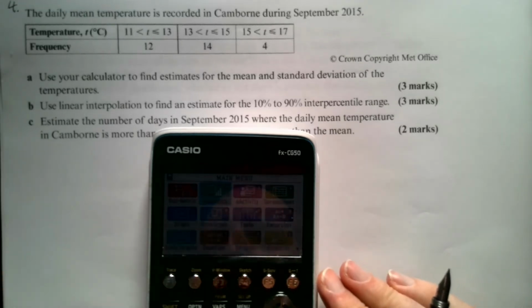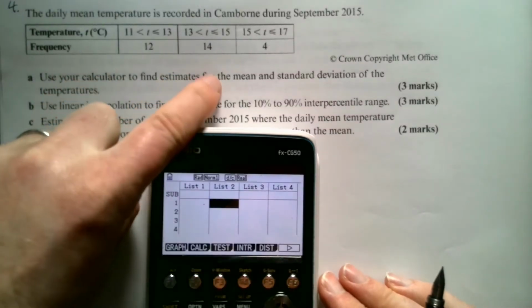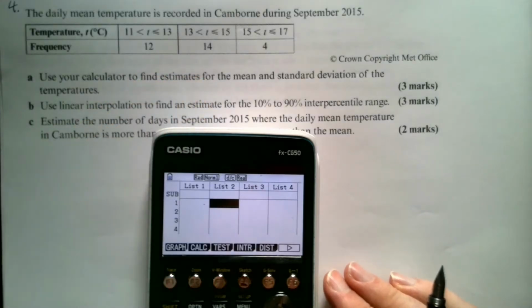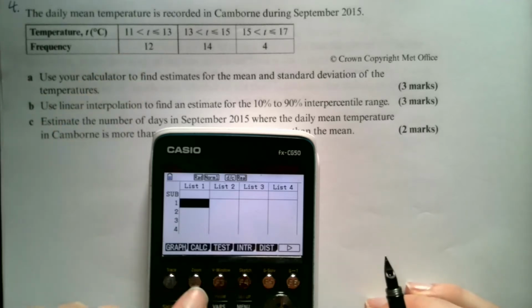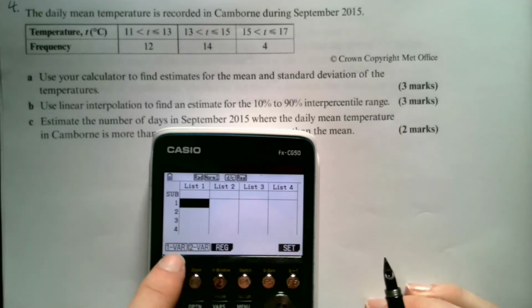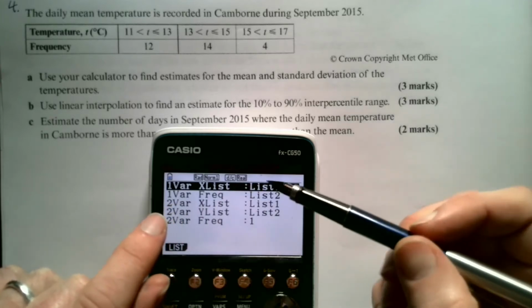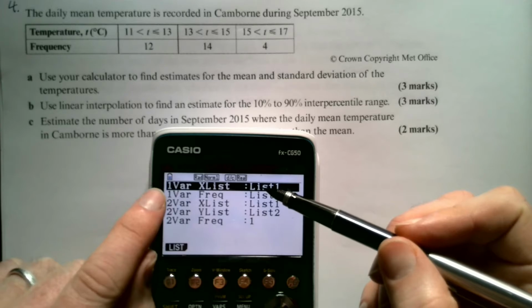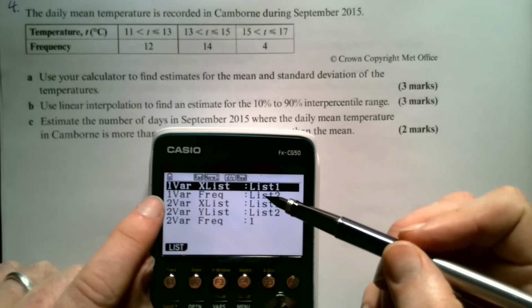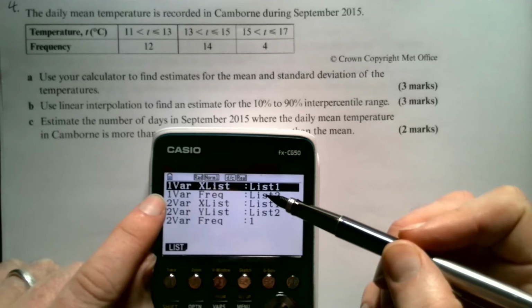So for statistics, what we need first of all is to use a calculator to work out estimates for the mean and standard deviation. When you go to calculate, there are two different vars. If I hit 1-Var, and then hit set, notice that on 1-Var I've got a list of numbers for my x, and then frequencies.